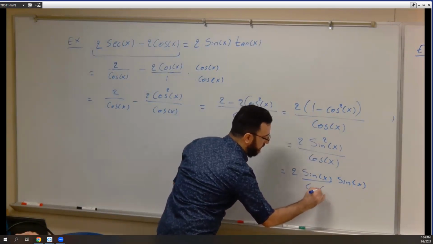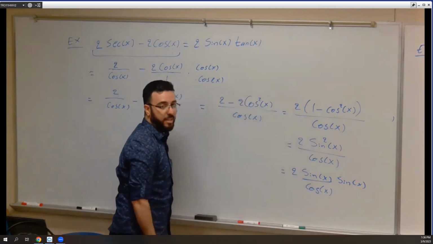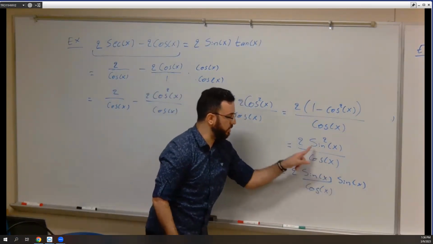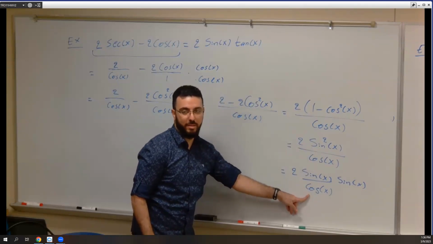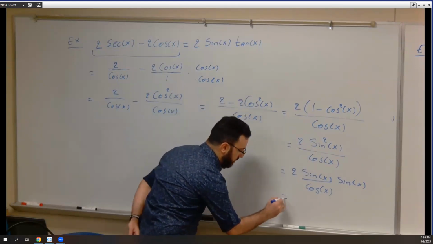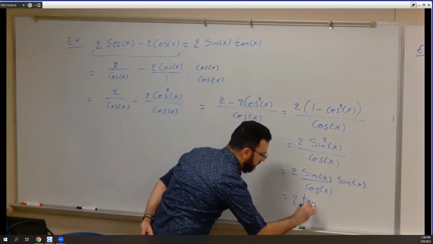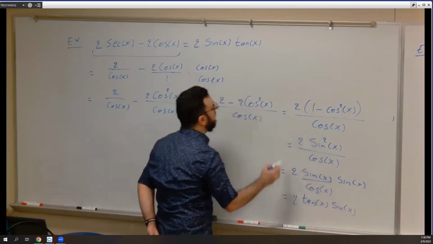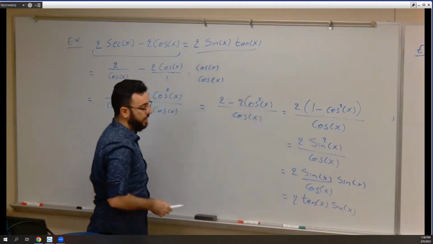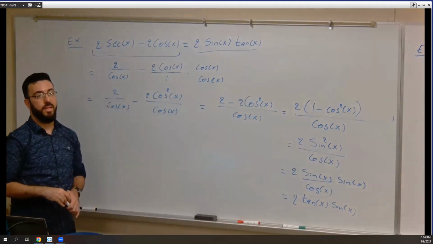Is that right? Sine times sine is going to be sine square. Now sine over cosine is what? Tangent. So it's going to be 2 tangent x sine x. Is that the other sine? Yes or no?